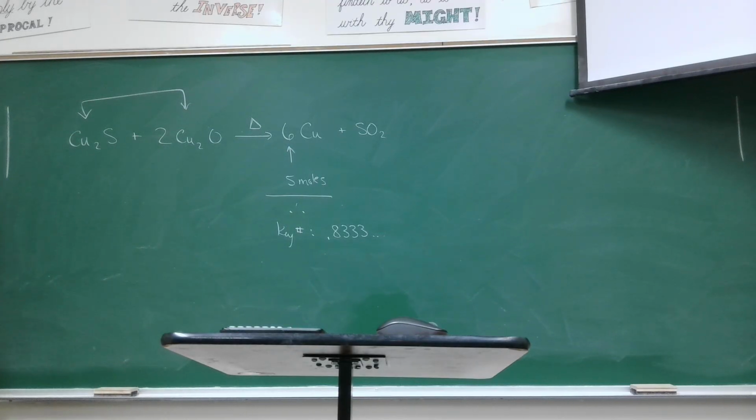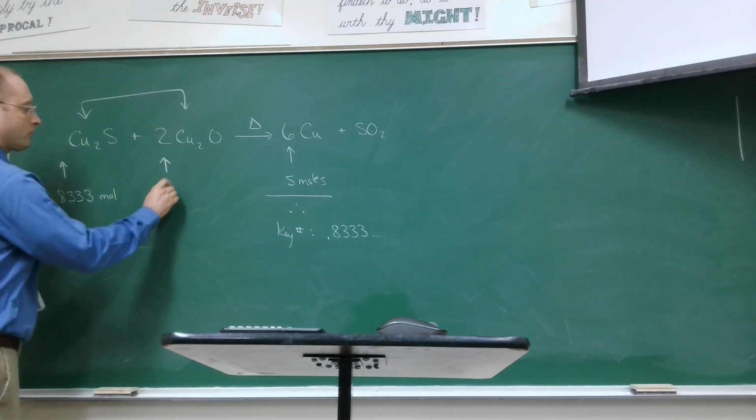But then it says, how many moles of each of these reactants do we need? What do we do with the key number once we've found it, class? Multiply by the coefficient. So 1 times 0.83333, class? You can do that without a calculator. And what about for the next one, the copper oxide? 1.666.